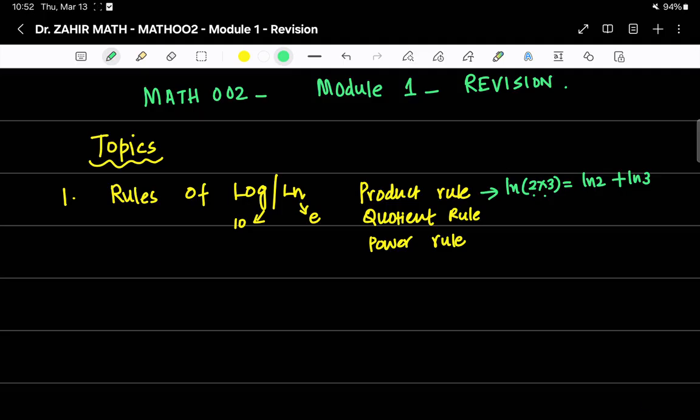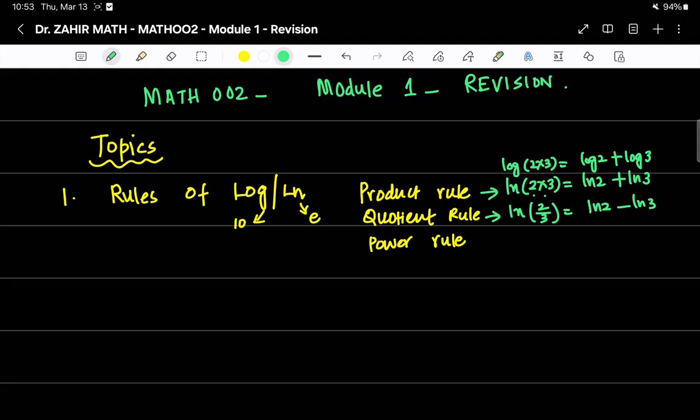The same is okay for log: log of 2 times 3 is log 2 plus log 3. What is the quotient rule? Suppose you divide 2 by 3, which is equal to ln 2 minus ln 3. If you are dividing, you can subtract on the other side. So ln of 2 by 3 is equal to ln 2 minus ln 3.